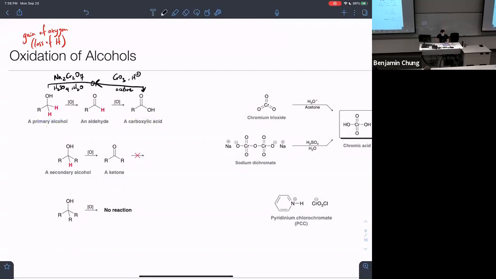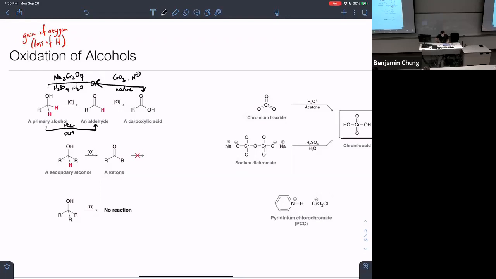You can also selectively just oxidize to an aldehyde and then stop at that stage using a compound called PCC, which is pyridinium chlorochromate, I think it's called. Anyways, you don't need to know, just say PCC.